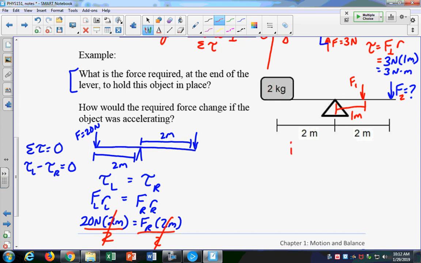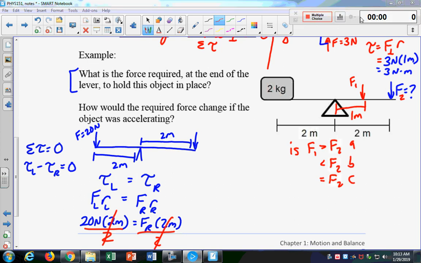First of all, is F1 bigger than F2, smaller than F2, or equal to F2? A, B, C. In order to have equilibrium, I can put a force of 20 newtons down here. What if I put my force here instead? Is that force going to be bigger, smaller, or equal to 20 newtons for this F2?